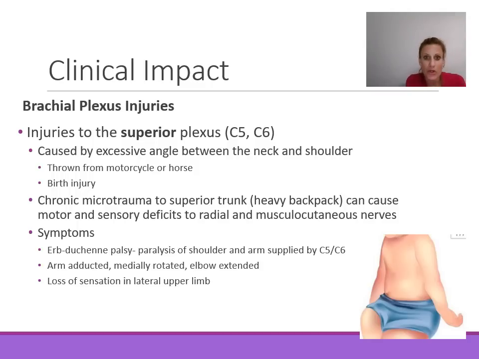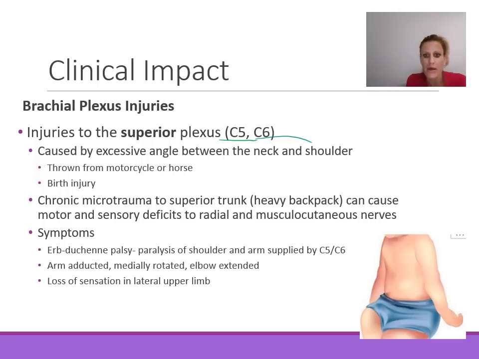Injuries to the superior plexus, so injuries to the C5 or C6 spinal nerves, are caused by an excessive angle between the neck and the shoulder. Right? So when the neck is pulled this way and the shoulder is pushed down, and that angle between the two is overstretched or excessive, that can damage the superior plexus.